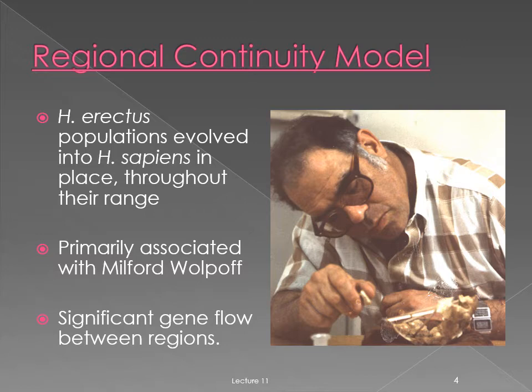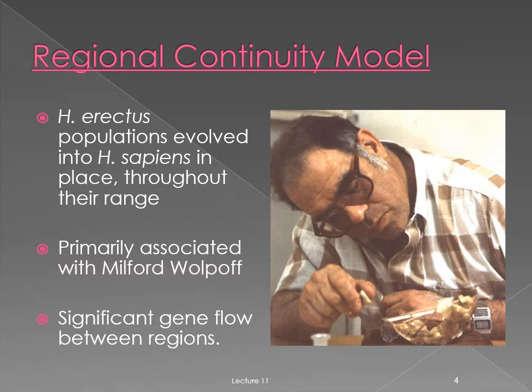Wolpoff today, and until the 1980s most paleoanthropologists, believed that Homo erectus populations throughout the Old World had evolved mostly in place into Homo sapiens. While some groups no doubt moved around throughout the lower Paleolithic, after the first great expansion of erectus, there were no evolutionarily significant migrations. Everyone settled down and became homebodies.